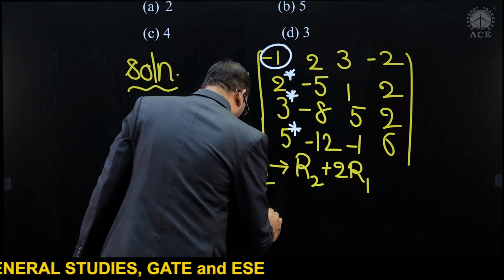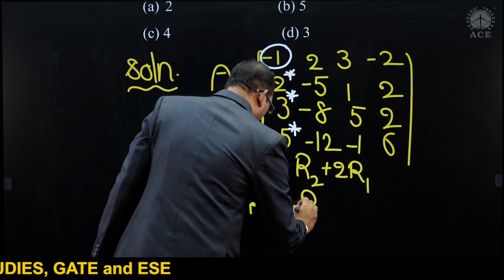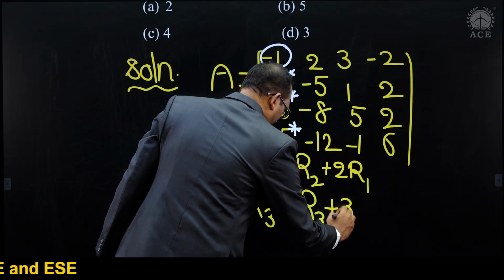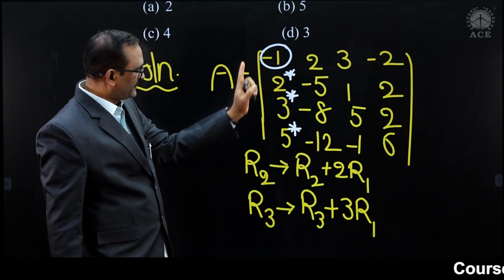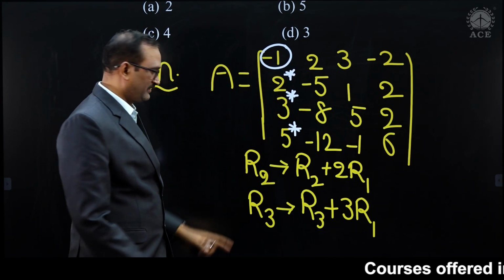So this is third row implies third row plus 3 times the first row. Similarly, fifth row plus 5 times the first row, 5 plus -5.